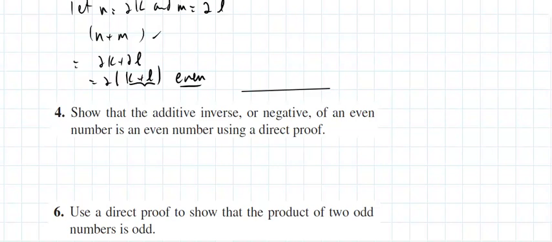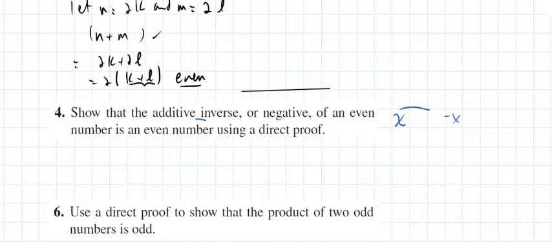Problem 4 says show that the additive inverse, or negative, of an even number is an even number. Okay, the additive inverse of x is negative x. So it's the quantity you add to get a 0.